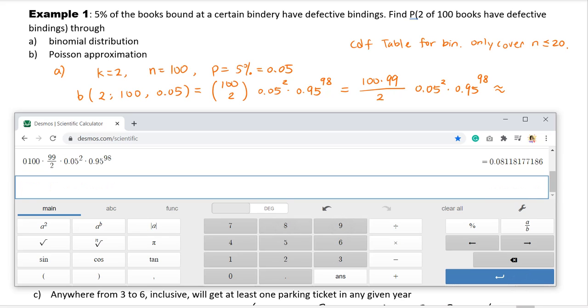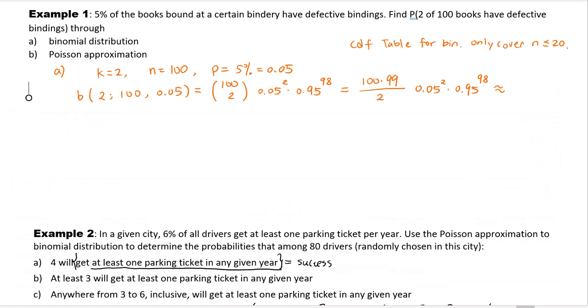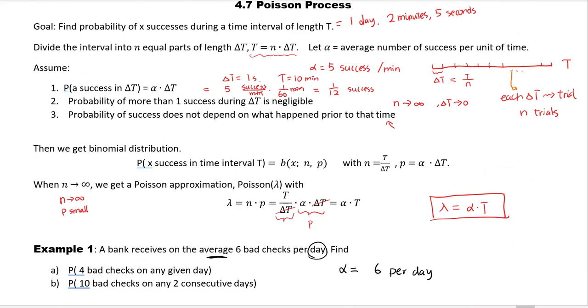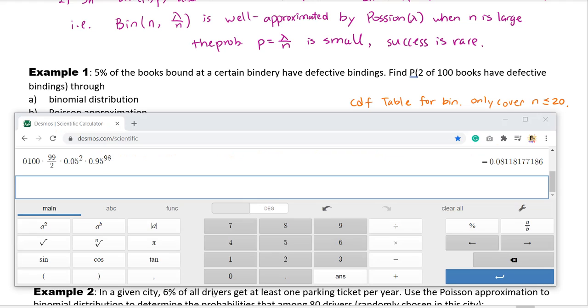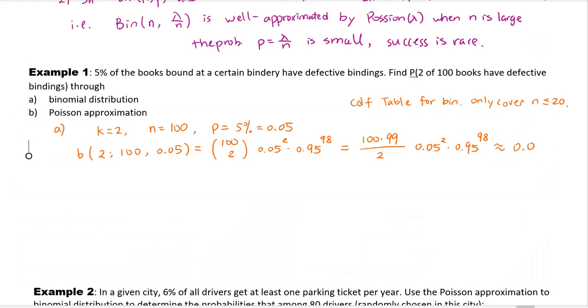So we get 0.08118. Okay, so this is part A.